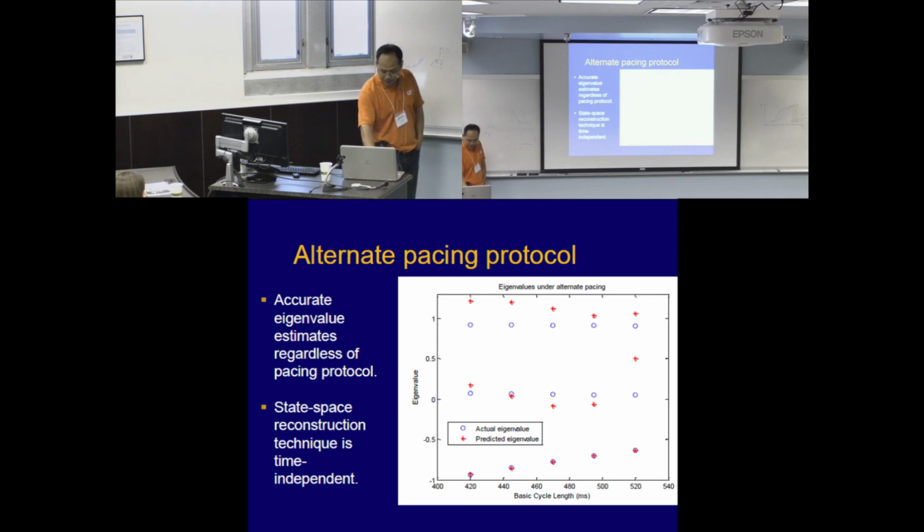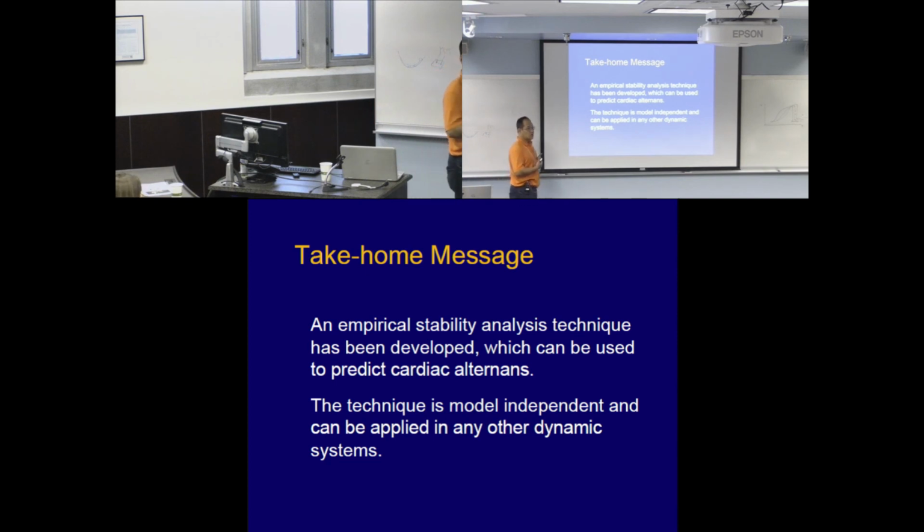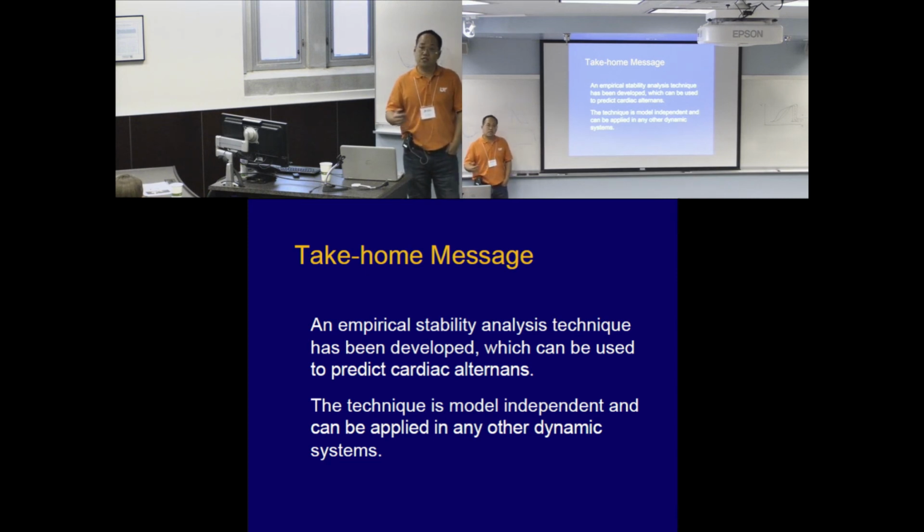Okay. All right. So the take-home message is that we have developed an empirical stability analysis technique, based on stability analysis and statistical estimation. And because we do not assume any underlying model, not the analytical discrete map model, not any of the memory model, and so on, therefore it has a general application.